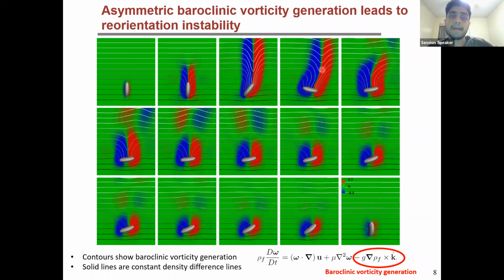Once that happens, the isopycnals try to return to their original neutrally buoyant position. Because of that, the particle starts to decelerate, which can be inferred from this reduction in the size of the vorticity contour.